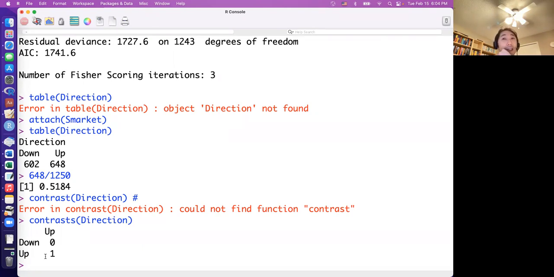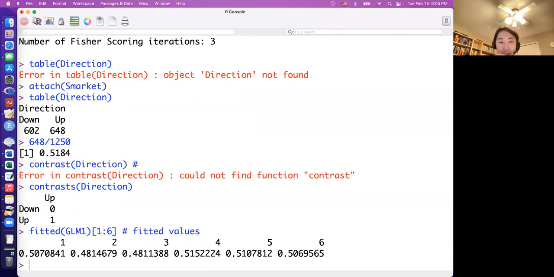So we are predicting the up probability, the probability that the stock market is up. And we can calculate the fitted value of this model. For day 1, January 2nd in 2001, the stock market will be up with 50.7% probability.